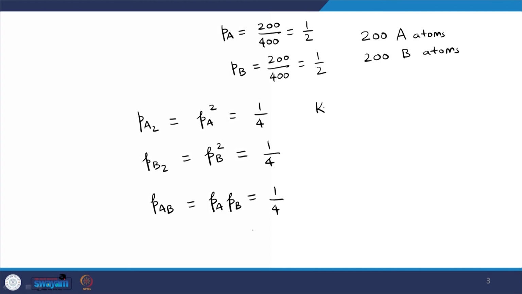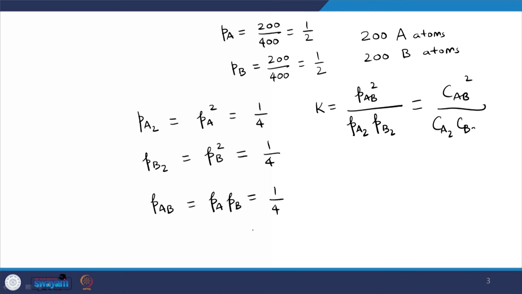So, we have K is equal to Pab square divided by Pa2 Pb2, or the same thing in terms of concentration, that is Cab square divided by Ca2 Cb2.